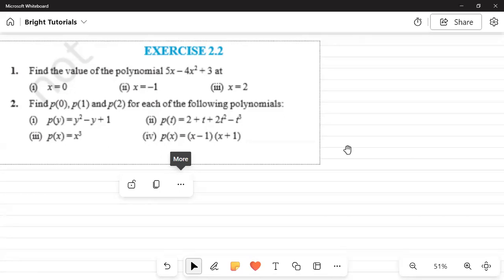In the last exercise, we have studied that there are polynomials like linear polynomial, quadratic polynomial, cubic polynomial, constant polynomial, depending upon the degree of the polynomial. And the degree of the polynomial depends upon the maximum power of x, y, or z, whatever the variable present in that polynomial. Let's say, for example, the variable present is x, so we see what is the maximum power of x in that polynomial.